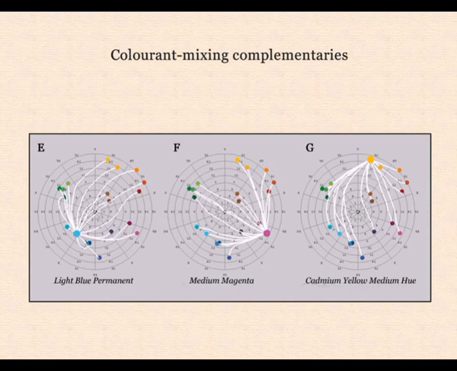Subtractive and additive complementaries coincide quite closely near the red-cyan and green-magenta axes, but differ substantially near the yellow-blue axis. A yellow and a blue paint that are opposite on this Munsell hue circle would be approximate additive complementaries, so that when lights from these paints are mixed, for example using spinning discs, they would make a near neutral.